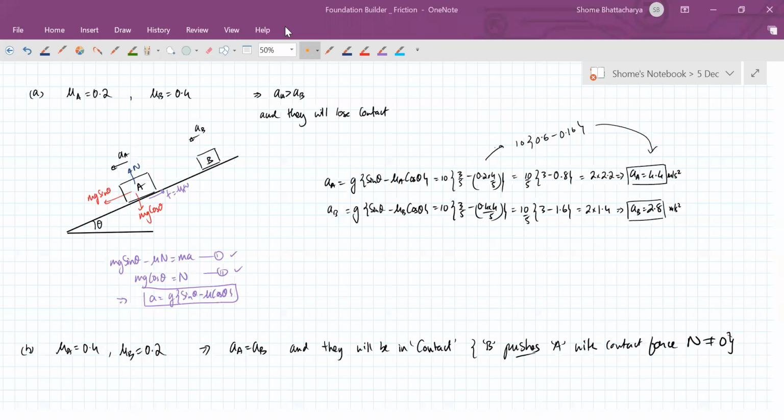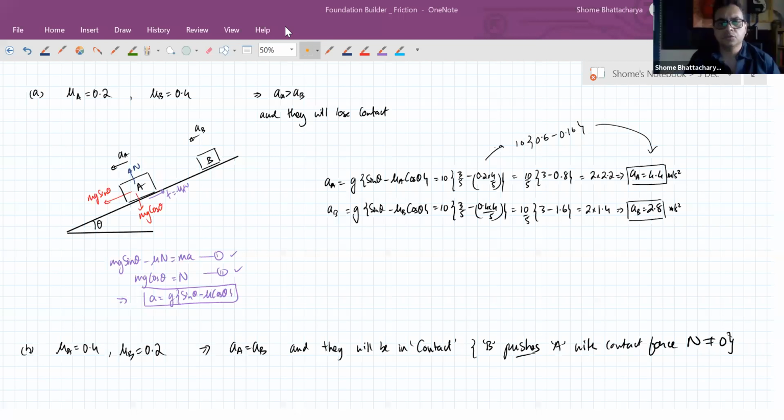Rupesh, the acceleration is correct. Yes. Check on the normal reaction force once more. Okay, so let's look at the free body diagrams and the answer for the second part.